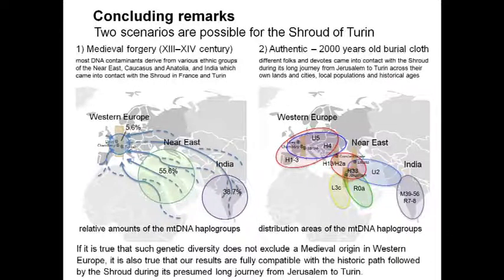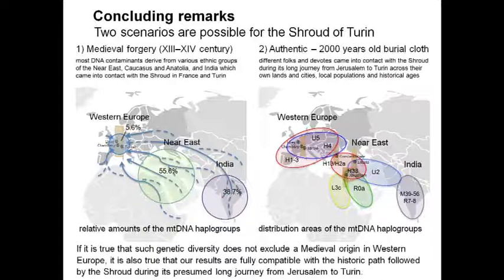In our paper, the conclusions were centered on two possible scenarios for the Shroud of Turin: a medieval forgery or an authentic burial cloth 2,000 years old. In the first case, most DNA contamination should derive from ethnic groups from the Near East, the Caucasus, Anatolia, eventually India, which came into contact with the Shroud in Western Europe, France, and Italy.